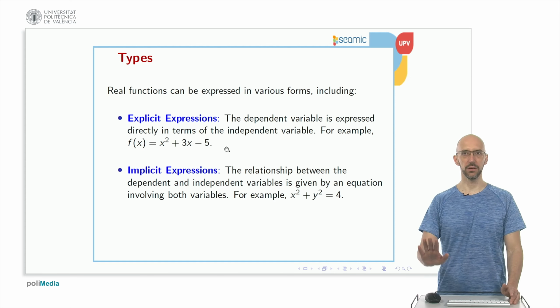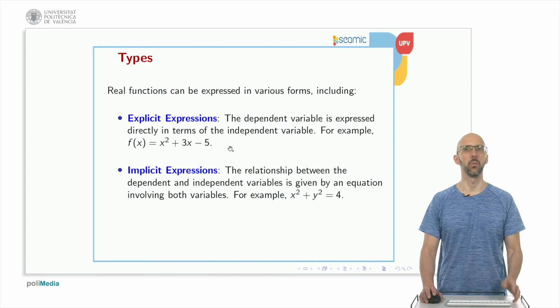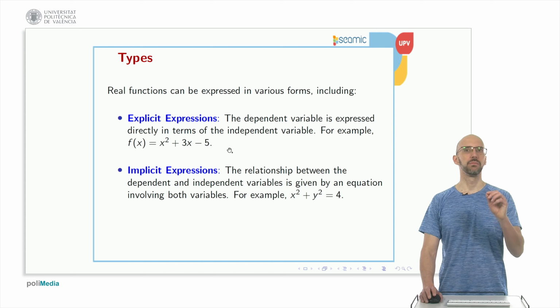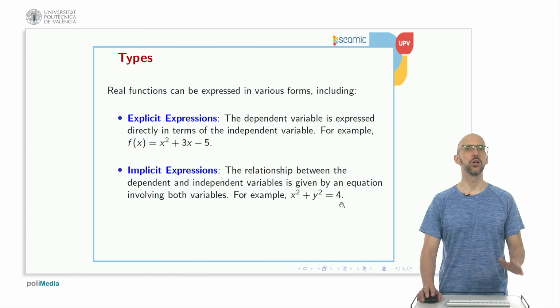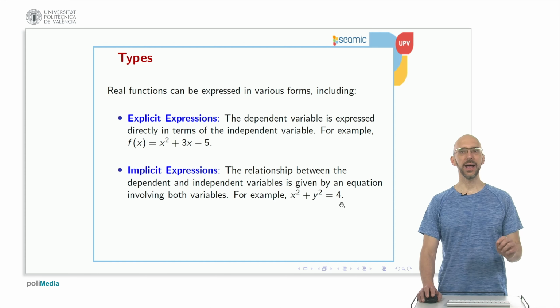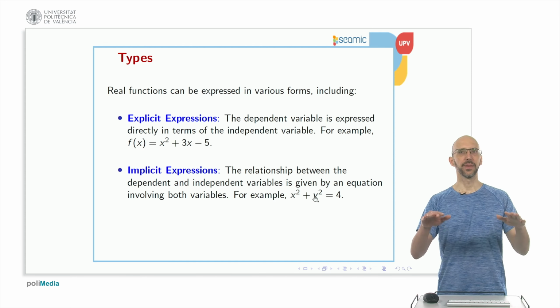Second, implicit expressions. Be careful. Here is where we need to stop for a second and review the idea. This equation is giving you a circumference centered at 0, and radius 2, always the square root of this value. It's a very common equation. And here, there is a big difference with the previous one. In this case, x and y don't have any different level.